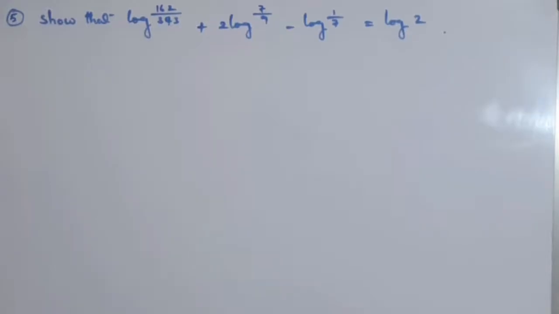The question is to show that log base 10 to 162 by 343 plus 2 of log base 10 to 7 by 9 minus log base 10 to 1 by 7 equals log base 10 to 2.